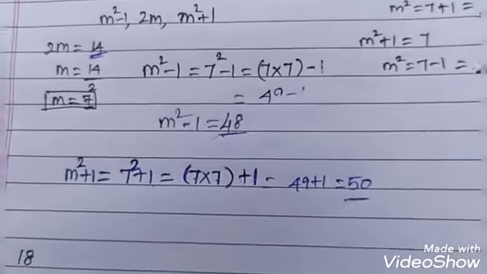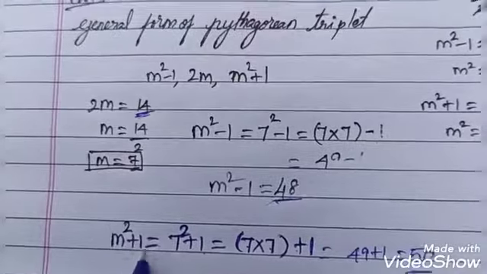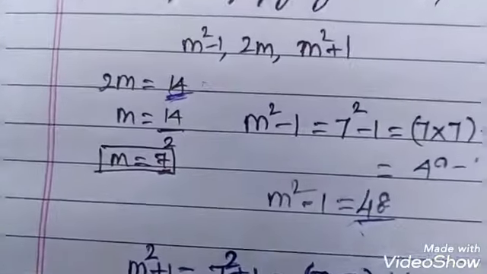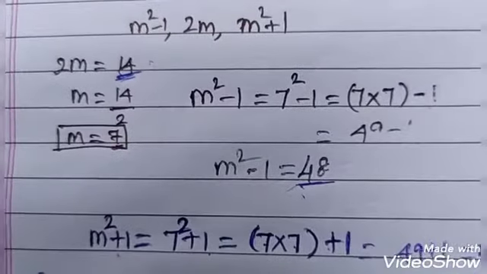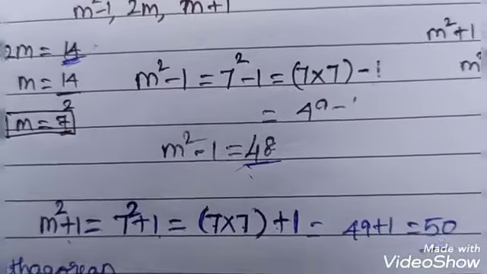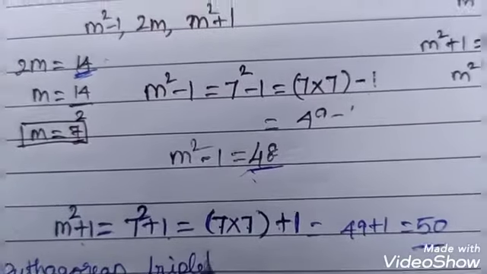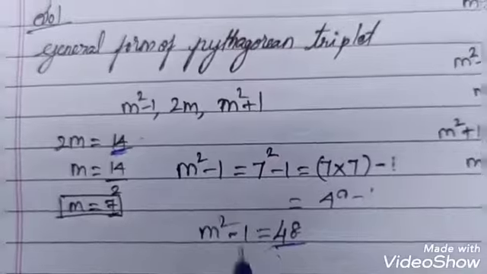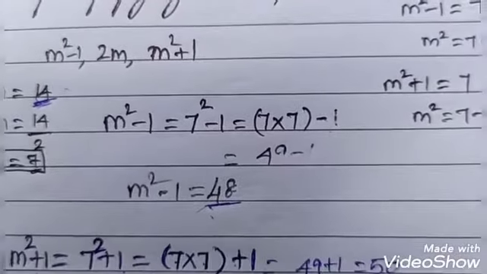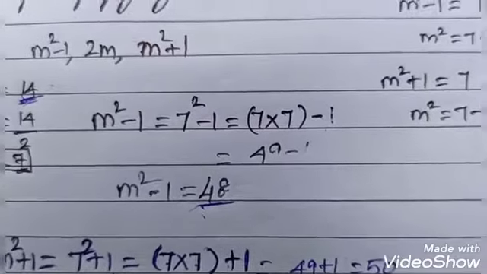Here also you compare: m square plus 1 is greater than the other two. So the Pythagorean triplet is 14, 48 and 50.